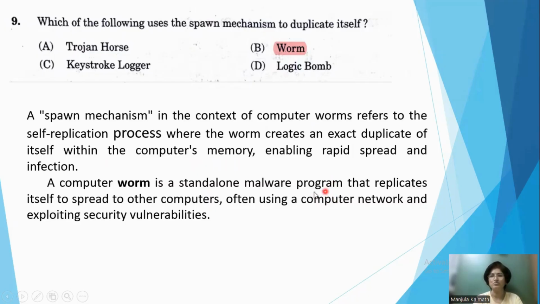Stand-alone means it may not come from the internet or from a downloaded program. It replicates once it has entered the system. Maybe it will enter when we are using pen drives or taking files from outside. It may enter the computer system here.